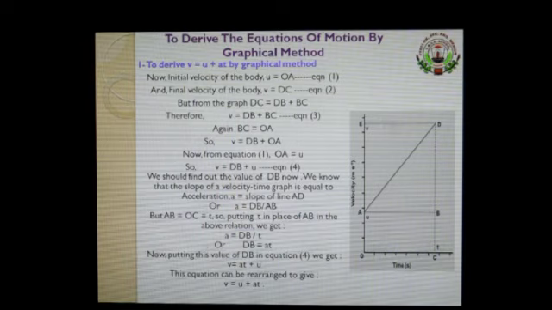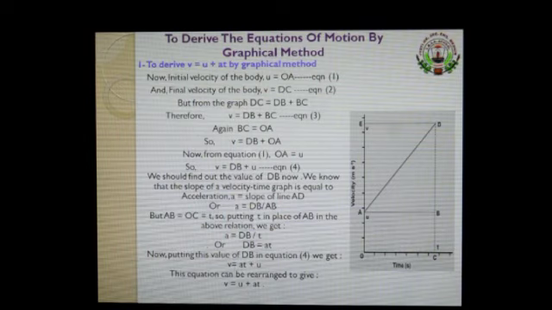In other words, there is a uniform acceleration a from A to D, and after time t, its final velocity becomes v, which is equal to DC. In the graph, the time is represented by OC.